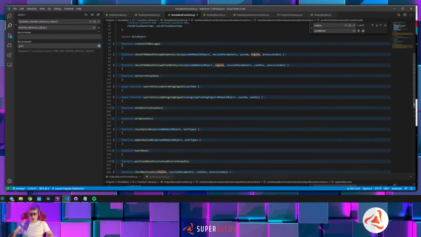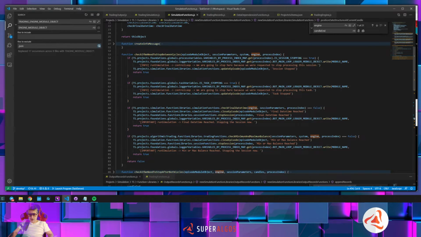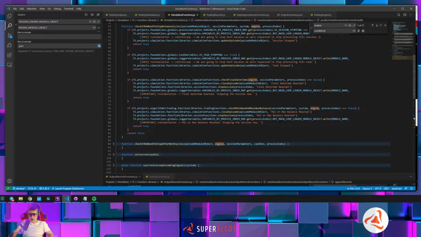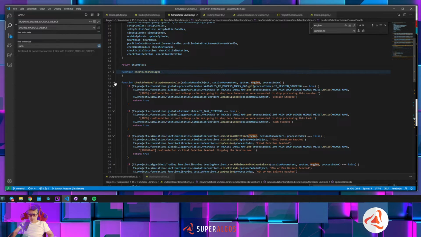Probably we have these three more. But I wonder how are these using the engine? Okay. So these are passing the engine somewhere else, so it's not our problem.